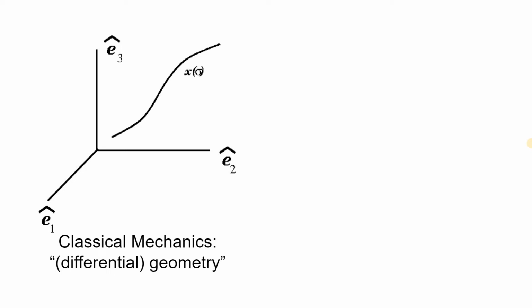We use differential geometry, of course, in the phase space formulation, the Hamiltonian formulation of classical mechanics, where a differential manifold is used to describe phase space with a symplectic form.